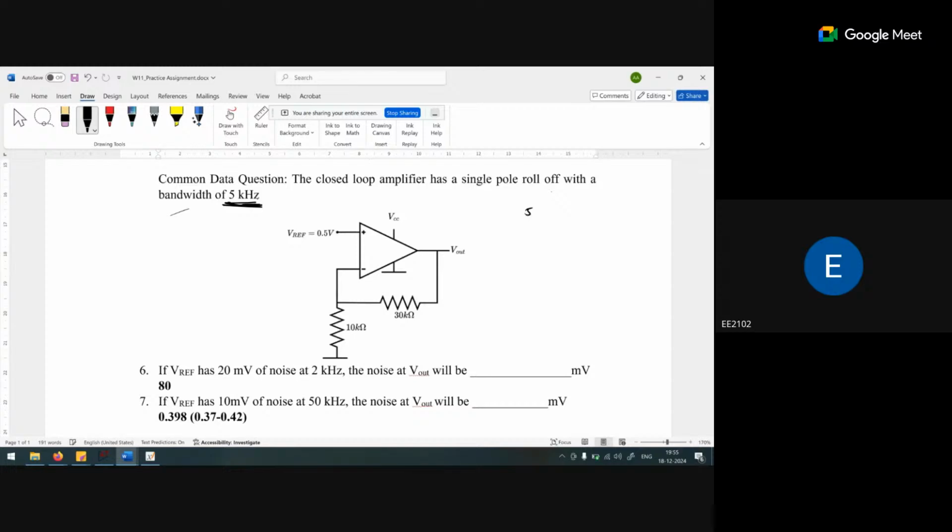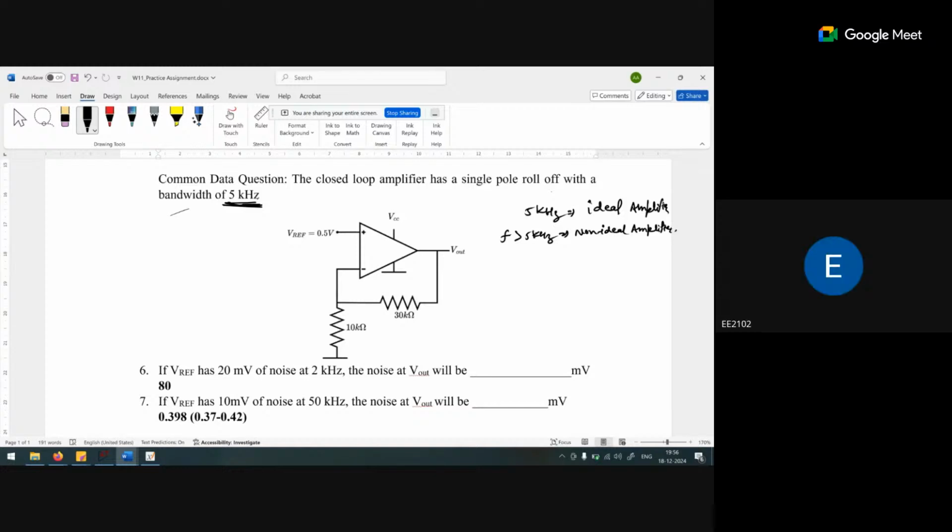So before 5 kilohertz, it behaves as an ideal amplifier, and after 5 kilohertz, if the frequency is greater than 5 kilohertz, it will behave as a non-ideal amplifier.